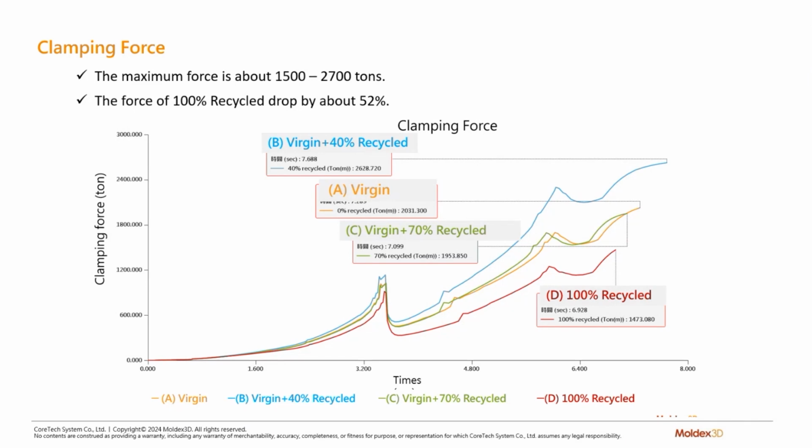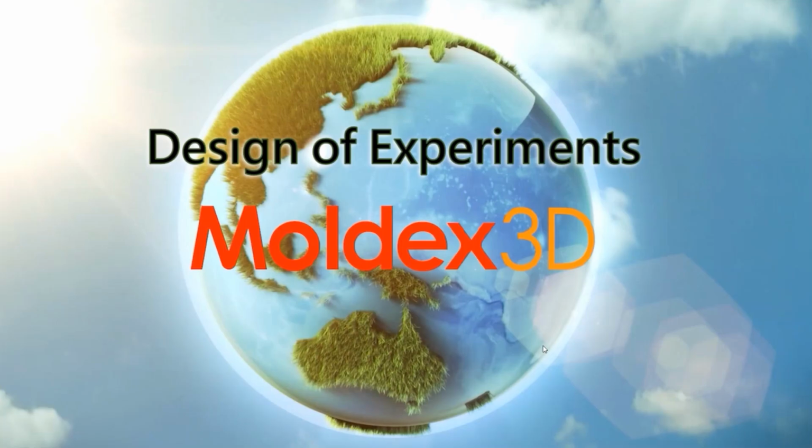So you might be thinking, well, how many iterations do I have to run to find an optimized condition for my part? I mean, this seems like a lot of work, right? Well, you don't have to spend countless hours setting up multiple iterations.